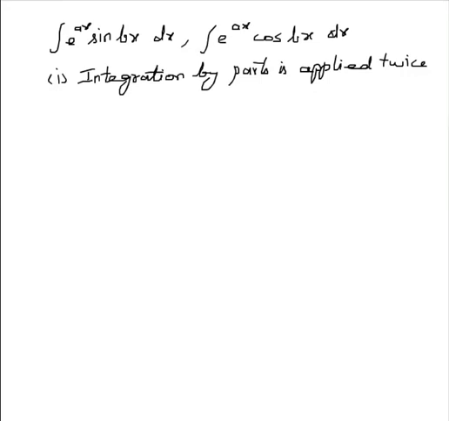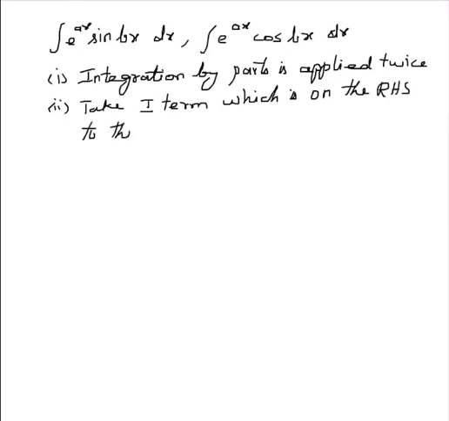So use integration by parts method 2 times and then take the I term, that is the integral which is given in the question, which is on the right hand side to the left hand side, and find the answer for the integral I. So when we do the question, I will explain this second step. Write this method in the formula notebook. This method is applicable when you have exponential function and sine or cos functions.